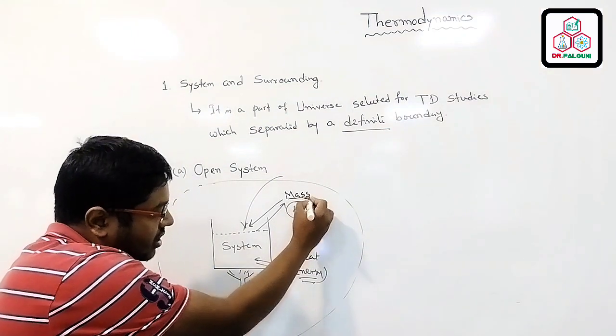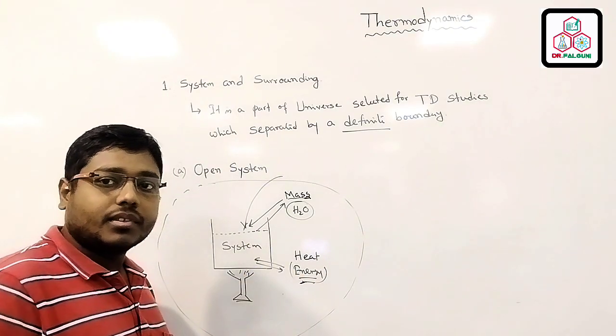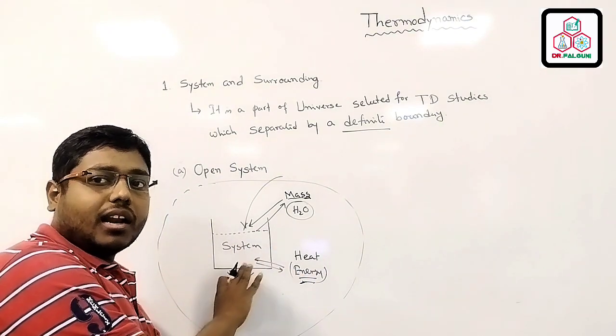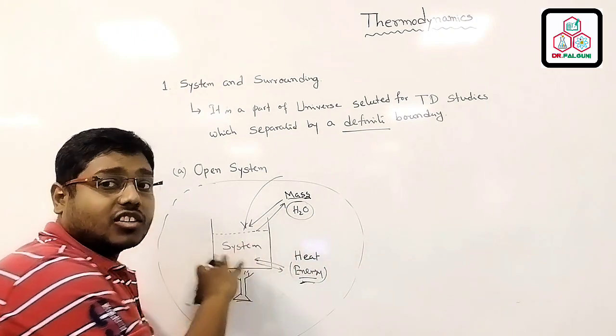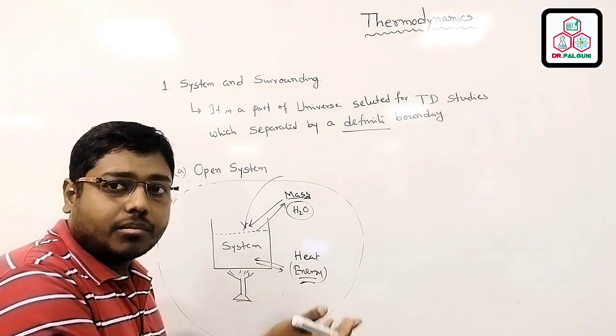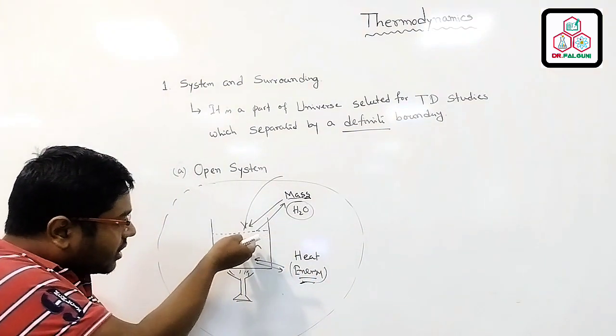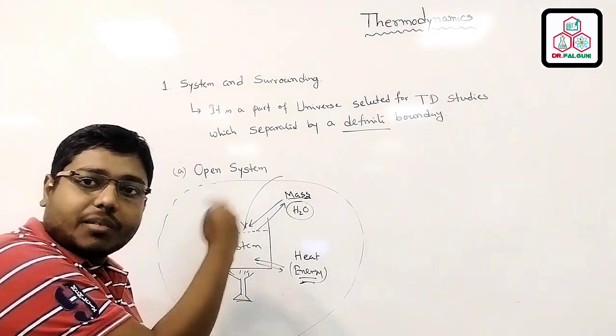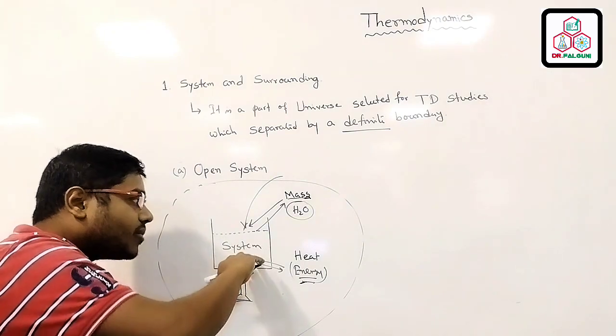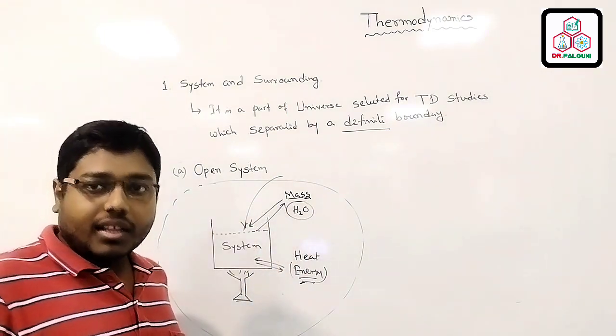So mass and energy both are transferable from surrounding to system or system to surrounding. You can take out water from the system, that means mass can be transferred from the system to the surroundings.